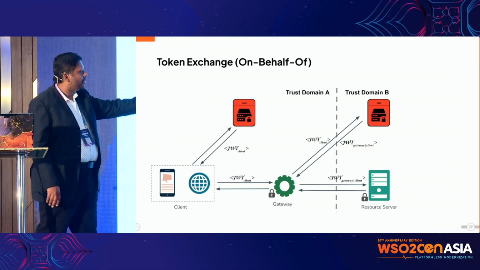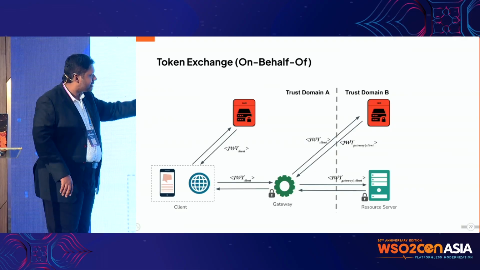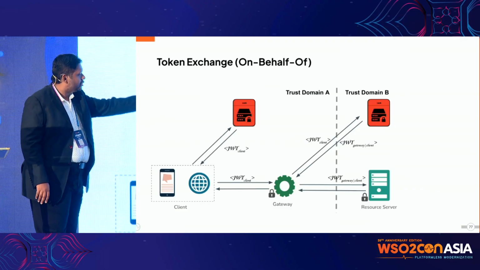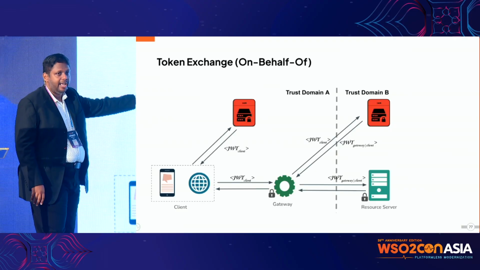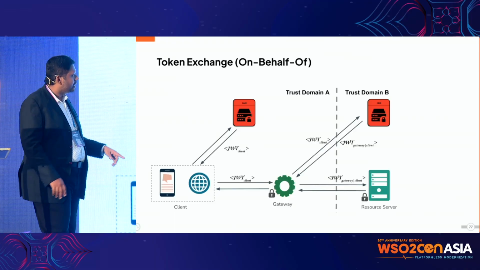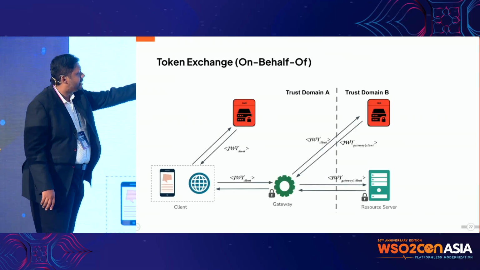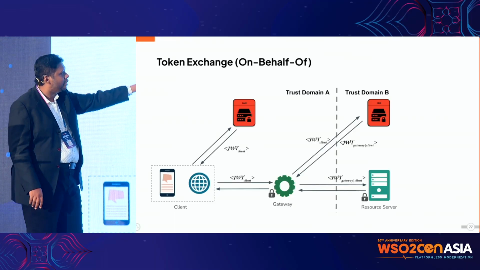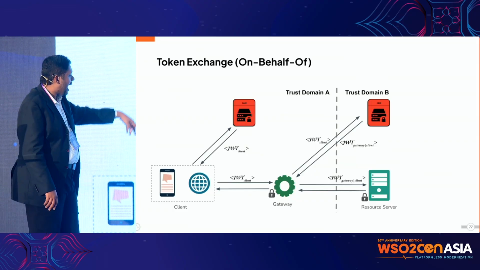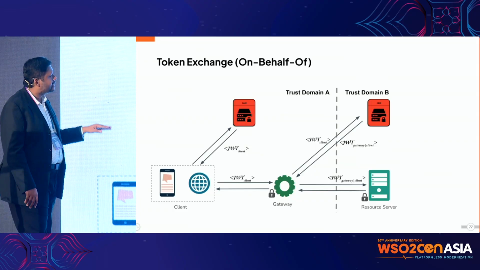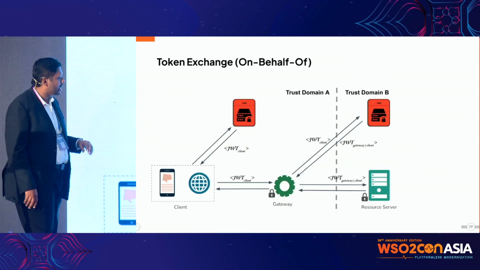The resource server there is not going to typically trust the IAM system here, right? So that's where we need to establish a trust relationship between the two IAM systems, right? And that works based on a protocol called token exchange, right?